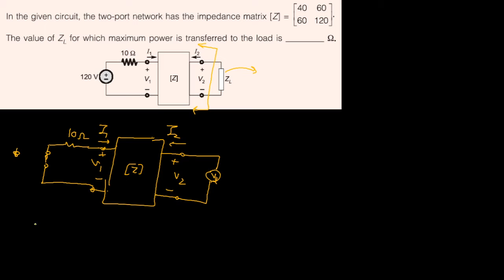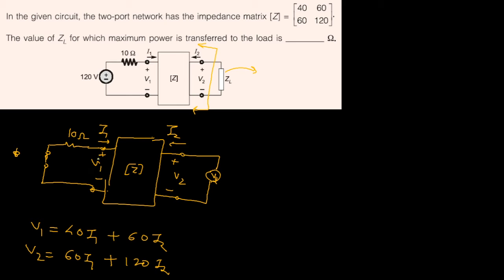We have the matrix. From the matrix, V1 is equal to 40 I1 plus 60 I2, and V2 is equal to 60 I1 plus 120 I2.